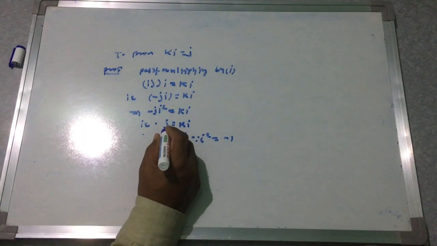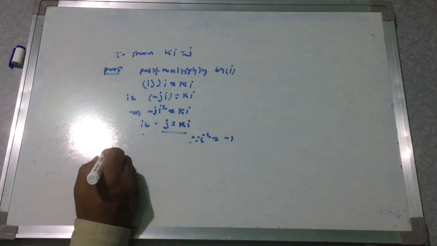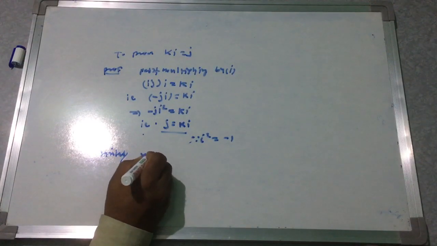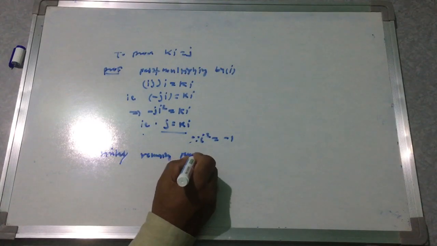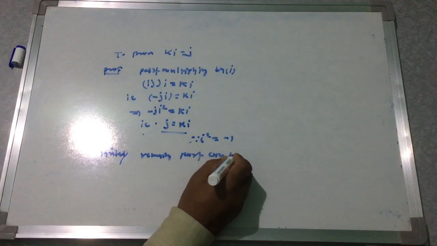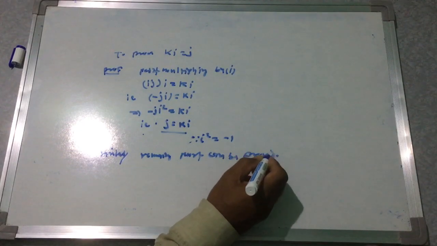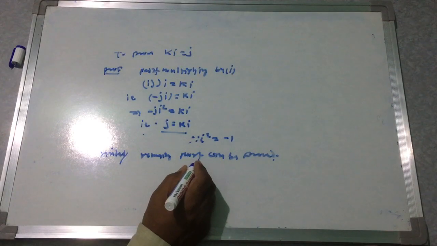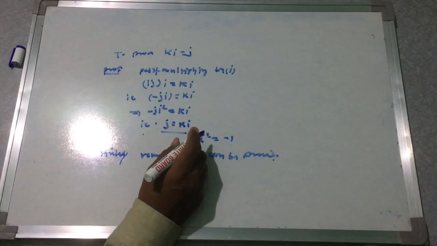Similarly the remaining parts can be proved. So we have finished this. After this we have to look into the product of two quaternions.